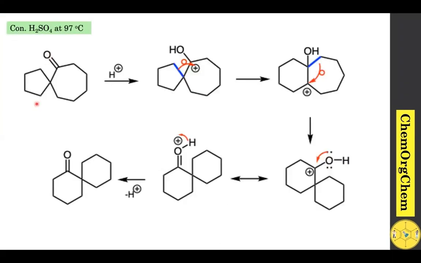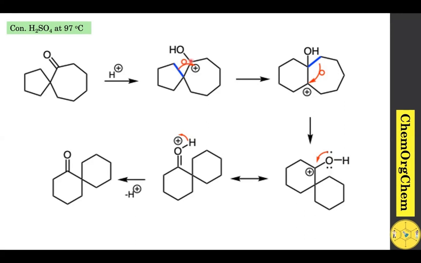Once you get this 7-membered ketone, it readily interacts with acid at 97 degrees Celsius, which generates this new carbocation center.